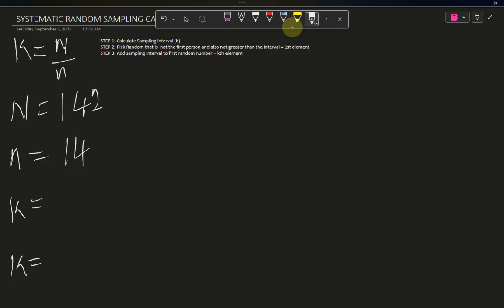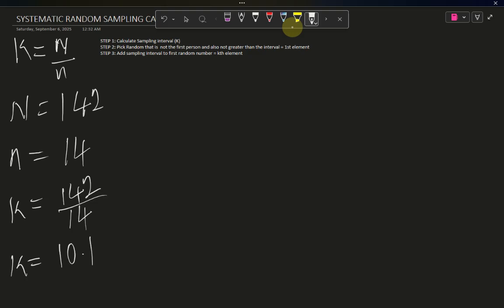So what will be our sampling interval? Our sampling interval will be the big N, 142, divided by the small n, which is 14. If you divide 142 by 14, you get 10.14.